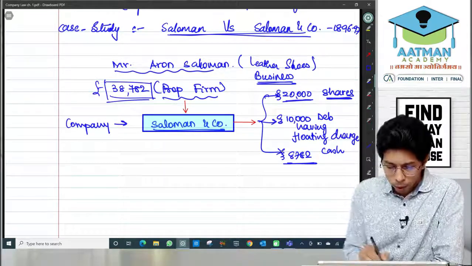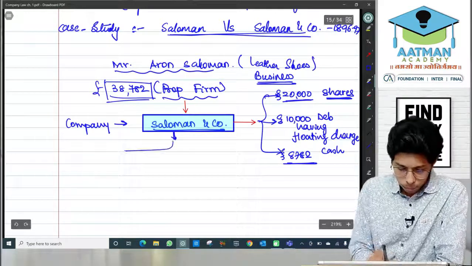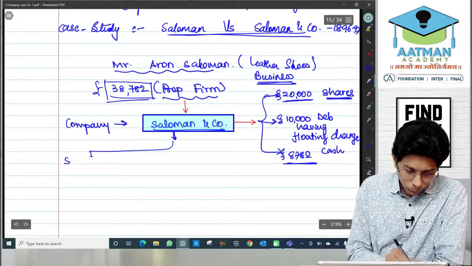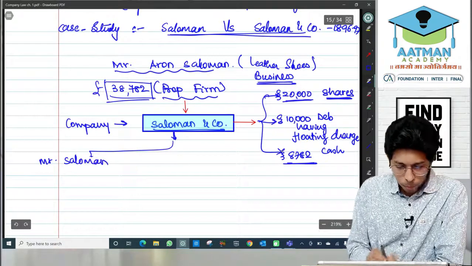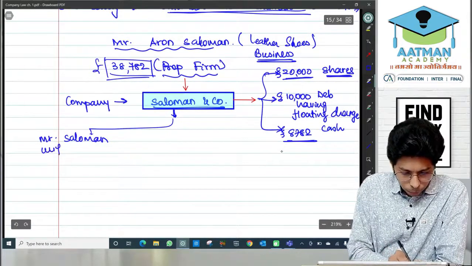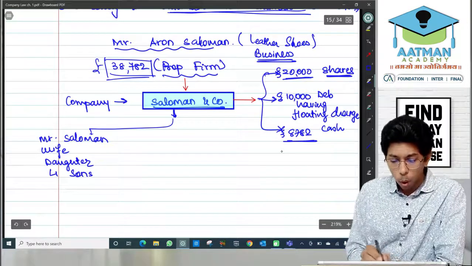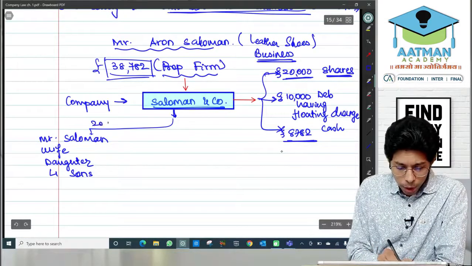Now this particular company is formed by whom? Mr. Saloman, his wife, his only daughter, and 4 sons.